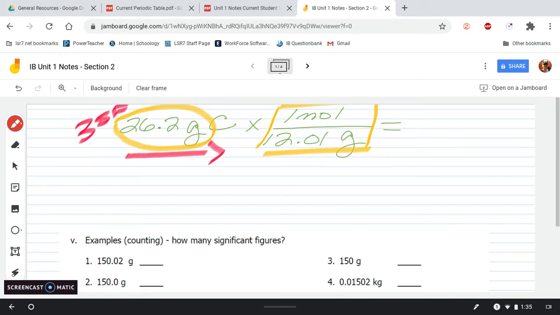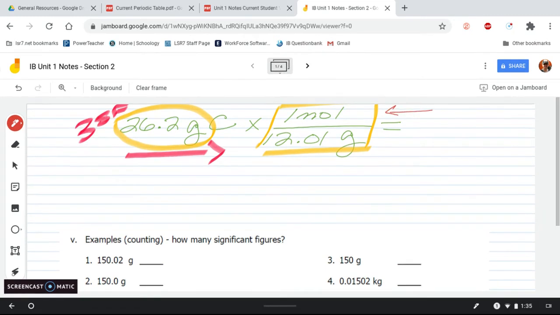This one is only a single significant figure. If we used the conversion factor for significant figures, it would take every single answer to one sig fig, and we don't want to do that. So we basically ignore the conversion factor when it comes to significant figures. We still do the math; it's just not used to count significant figures.